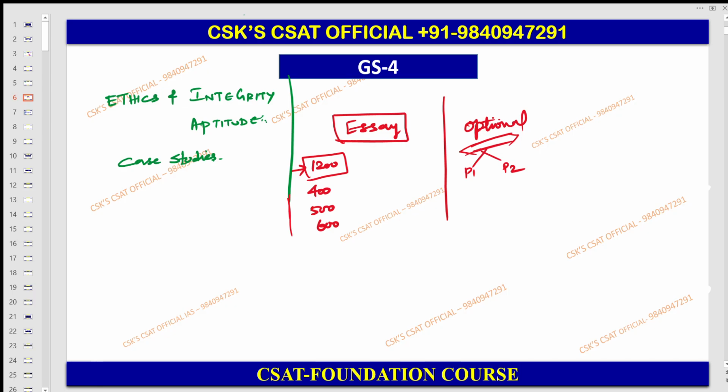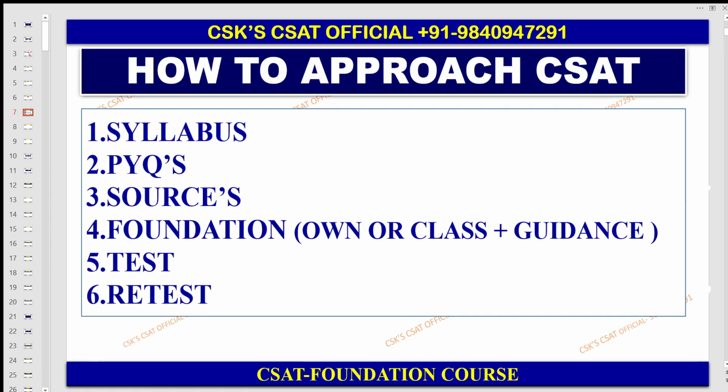Next, now I am moving to my paper, the CSAT. So how to approach the syllabus? Understand that there is no specific syllabus for your UPSC CSAT. They have only provided 10th standard level.